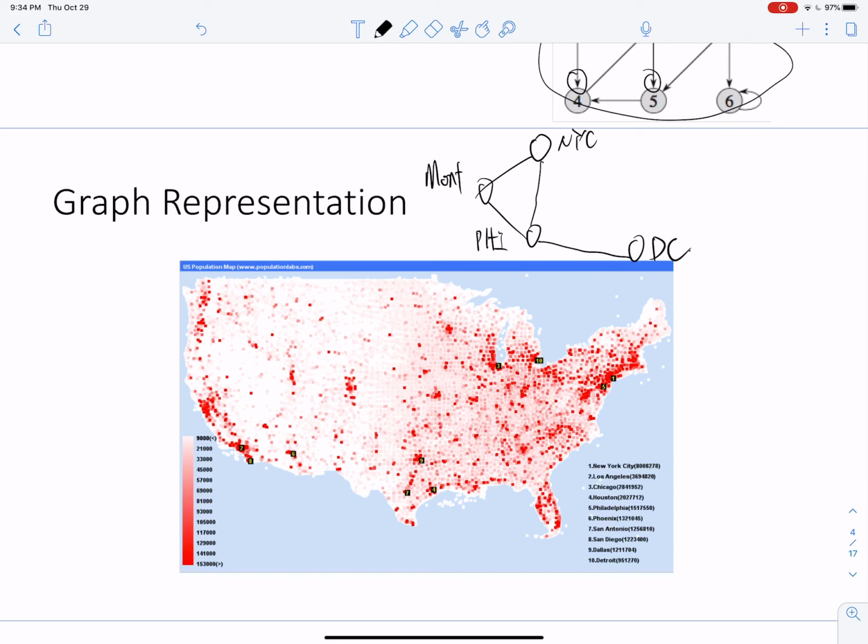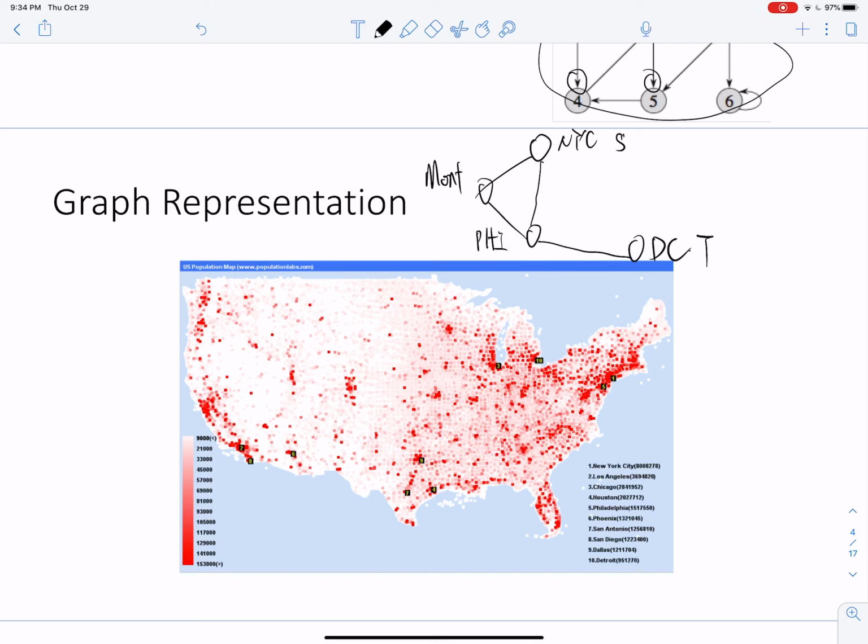And this is one example. Actually, modern GPS or modern navigation systems like Google Maps or Waze all model the road network as a graph. And then if you say, okay, I want to go from New York City to DC, based on this graph it is going to search for the shortest route from New York to DC.